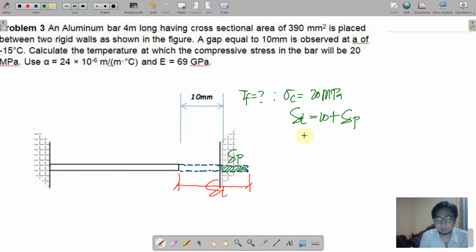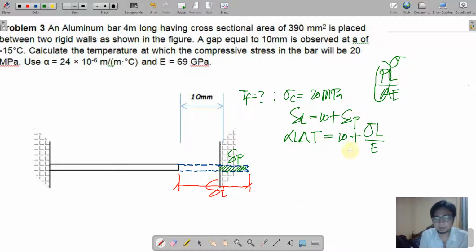We simply substitute the formula for delta due to temperature, that is alpha L delta T, equal to 10 plus, I'll express this in terms of the stress, sigma L over E. Of course, we all know na nanggaling yan dito, PL over AE. So just merge this into sigma.